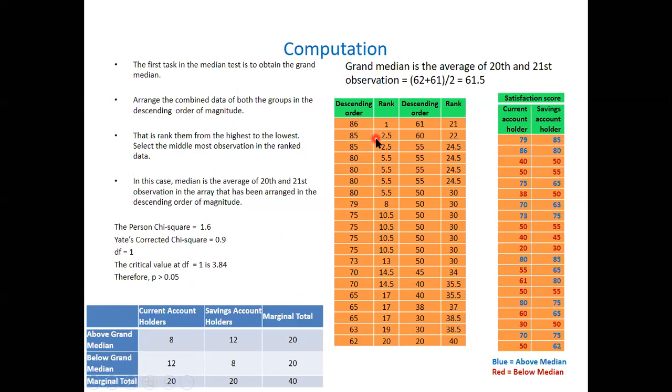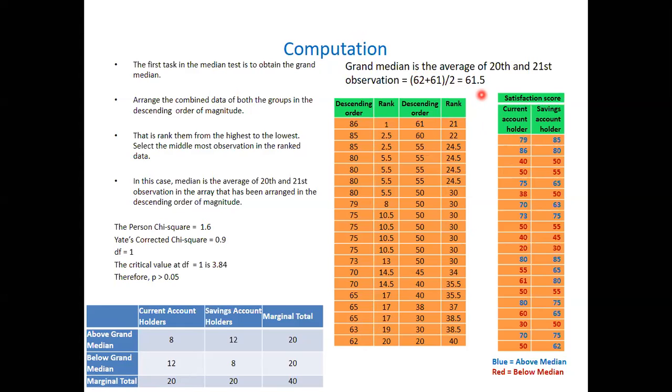So if you now have 40, which observations will be in the middle? It will be number 20 and 21. Number 20 is 62, number 21 is 61. Since there's no one value that is the median, you have to calculate the average of the two. 61 plus 62 divided by 2 gives you 61.5.